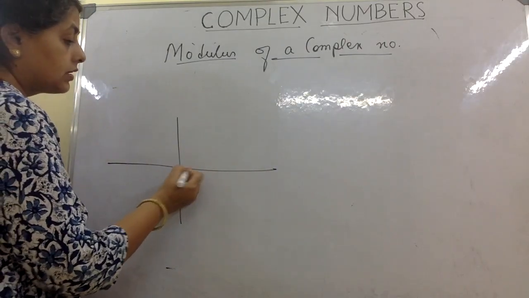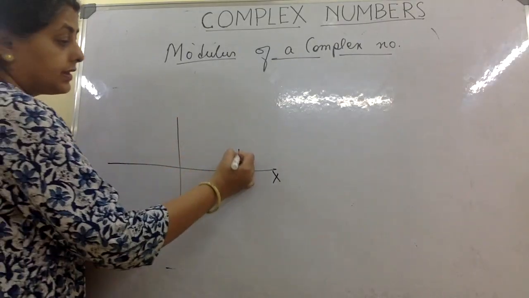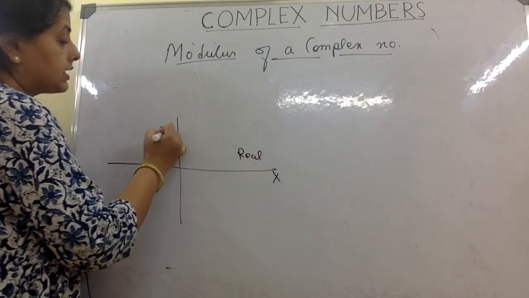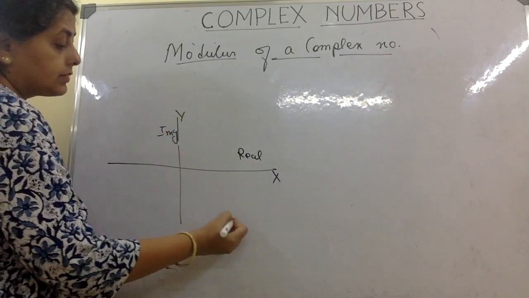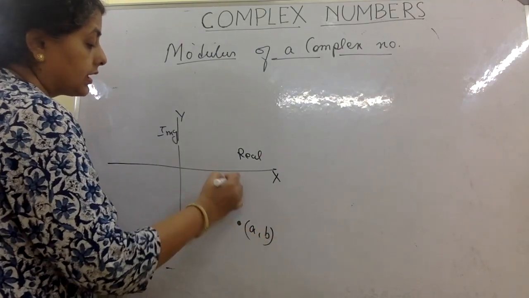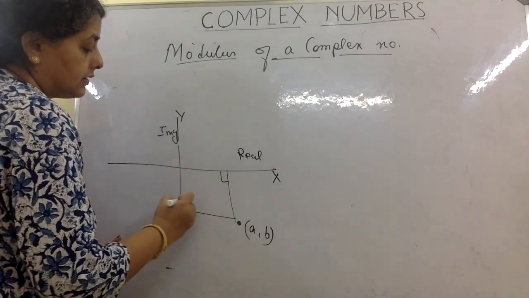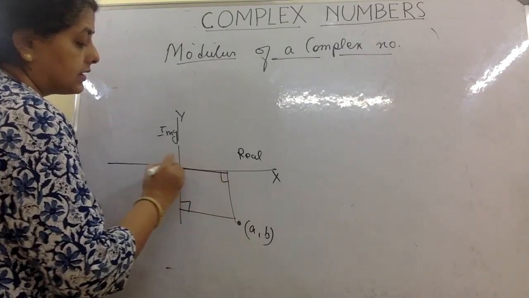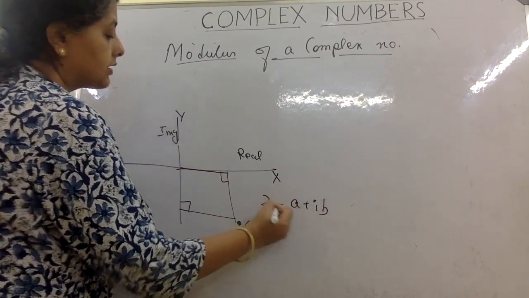Supposing this is the x-axis, the real number axis, and this is the imaginary number axis, the y-axis. Then supposing the complex number here is a comma b, this distance is, we write a plus ib, equal to z.